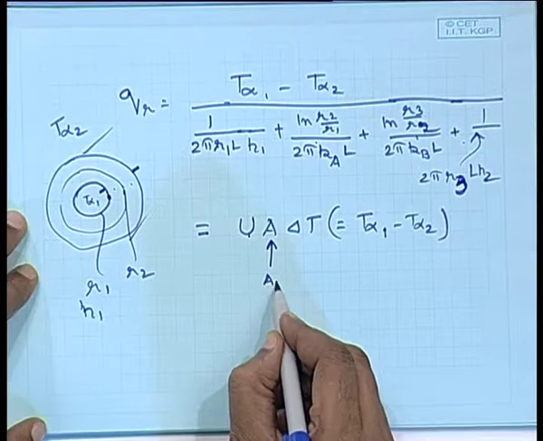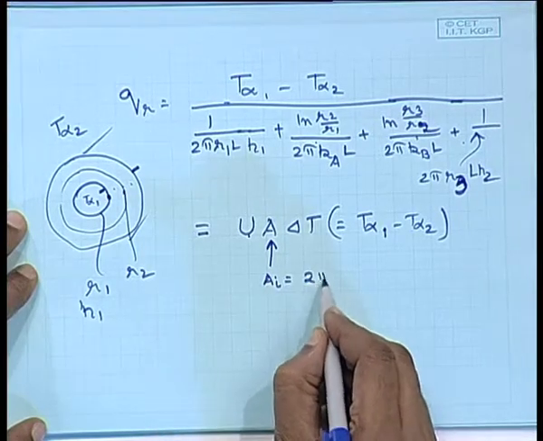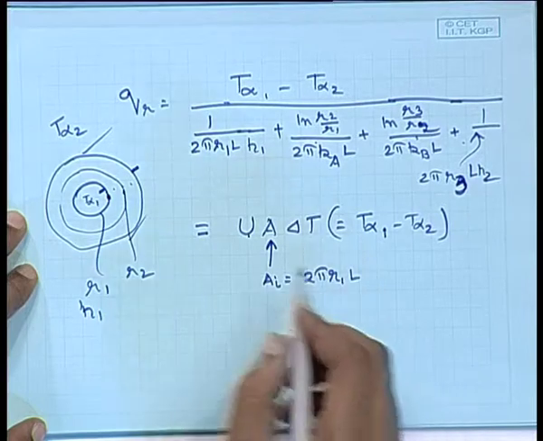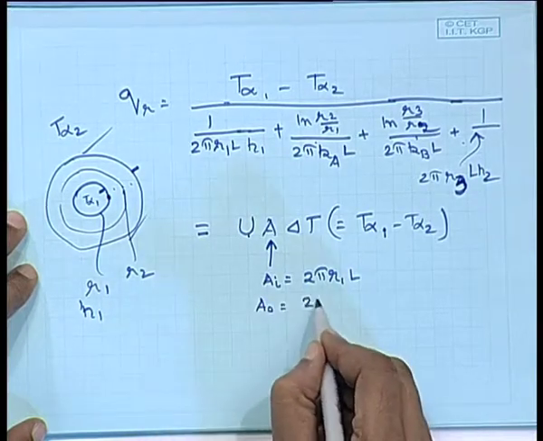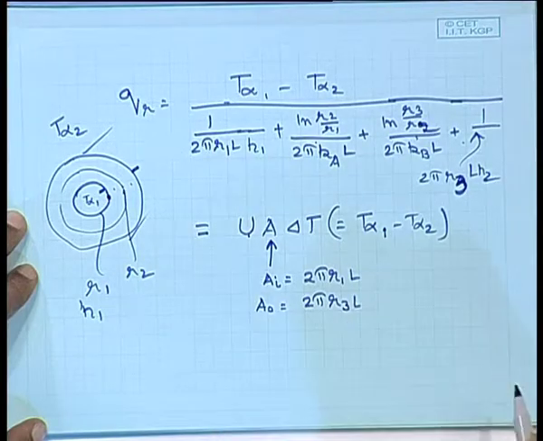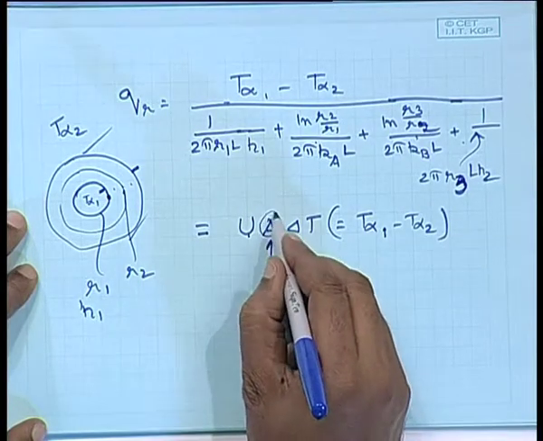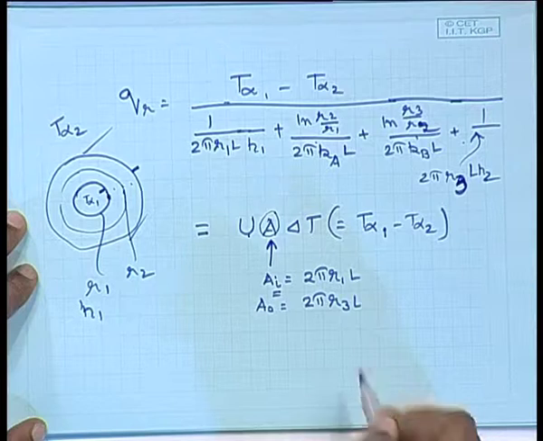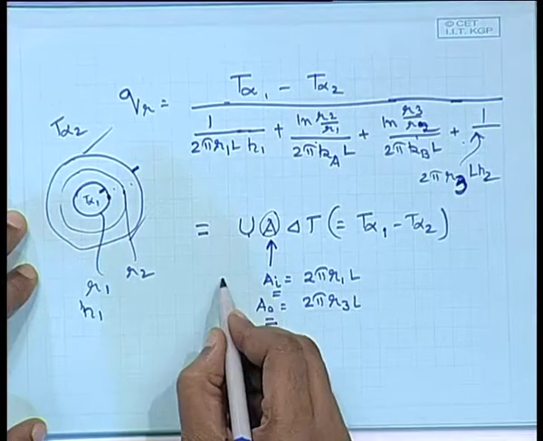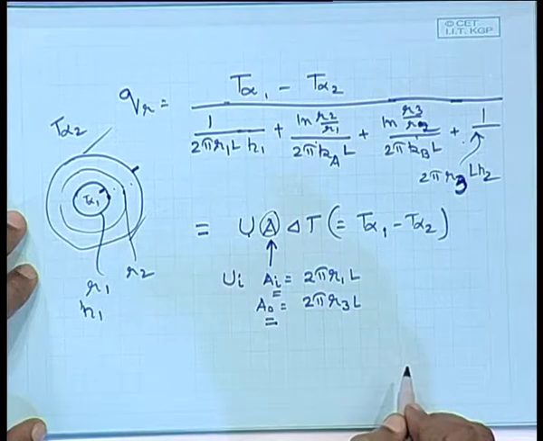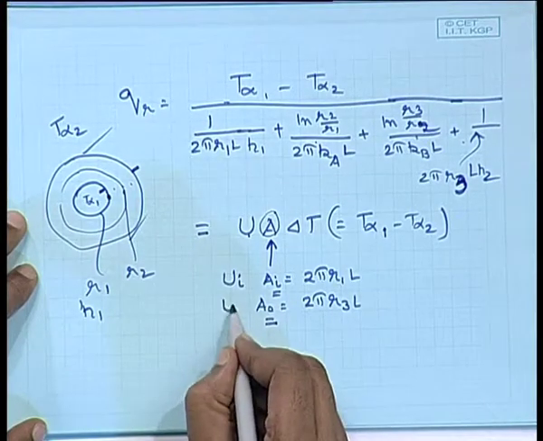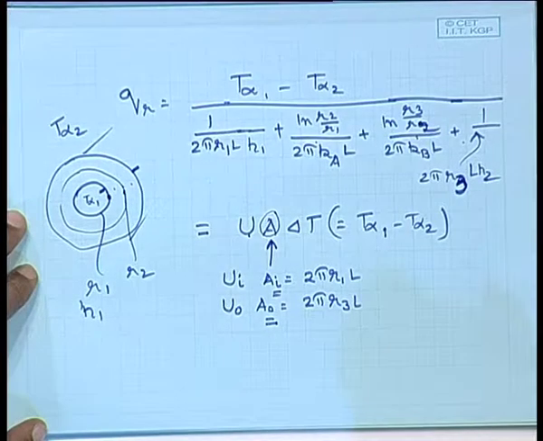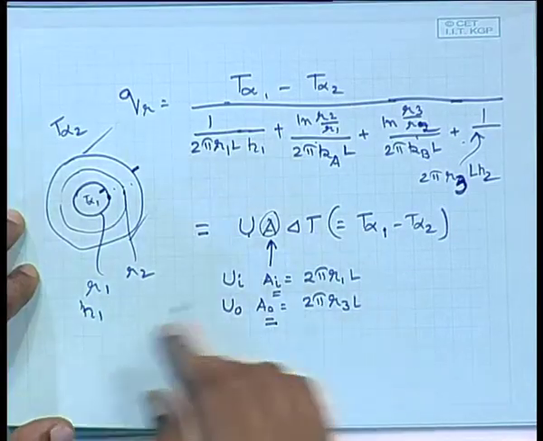If you are choosing the inside area, then A is simply twice pi r1 L. If you are choosing the outside area, it is twice pi r3 L in this case. The two common areas chosen are either the inside area of the pipe or the outside area of the pipe, and depending on that you have either U based on the inside area or U based on the outside area. No matter which you choose, you are simply going to get a slightly different form of the expression and nothing else. Is that part clear?